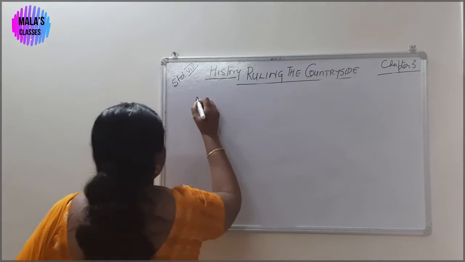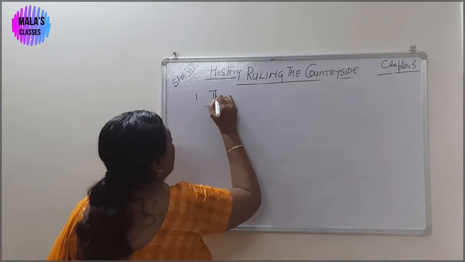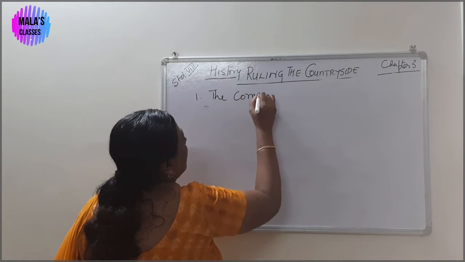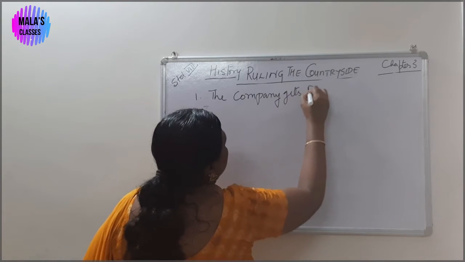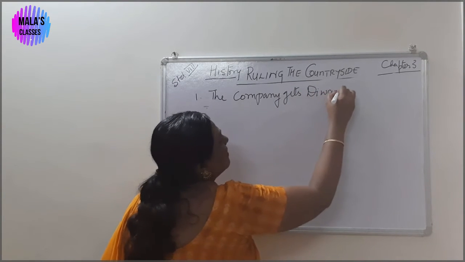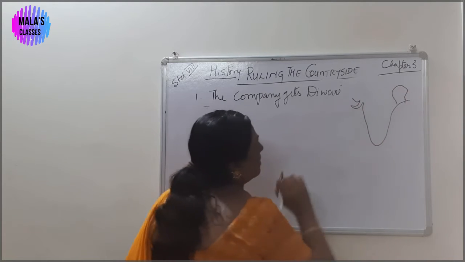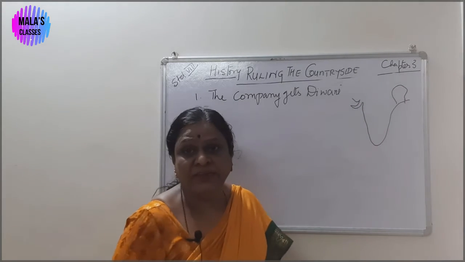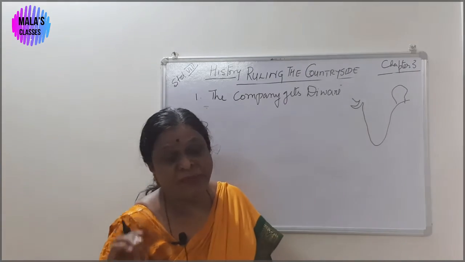Okay. So the first thing they did was the company got the Diwani. What was that Diwani? The right to collect land revenue from Bengal, and this right was given to them by Aurangzeb himself.